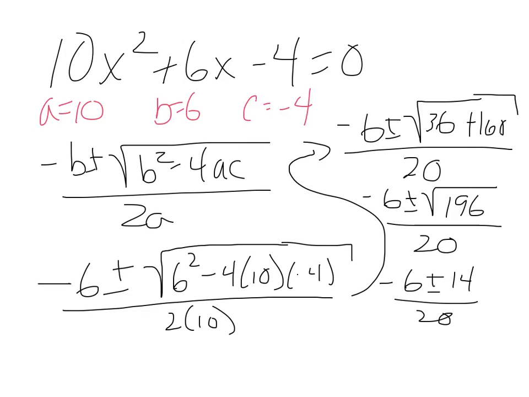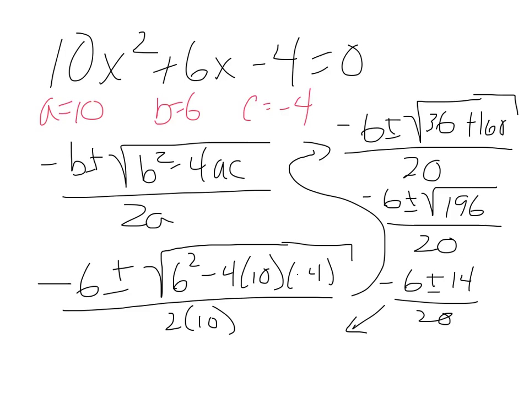Okay, now notice this. This is where it gets a little different, okay? We're going to have two answers here. One of the answers is going to be negative 6 plus 14. So what's negative 6 plus 14? Positive 8. Negative 6 plus 14 is 8.